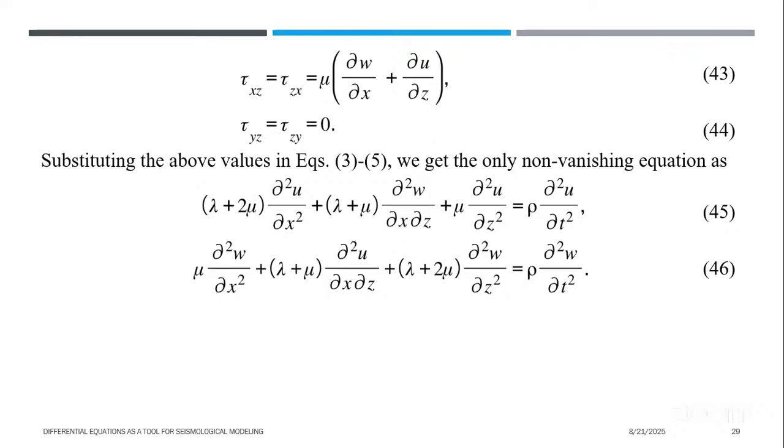But what is the special observation in equations 45 and 46? Both are non-vanishing equations, and both are coupled. U and W are both coupled equations. One important property to be kept in mind is that U is the horizontal component and W is the vertical component.